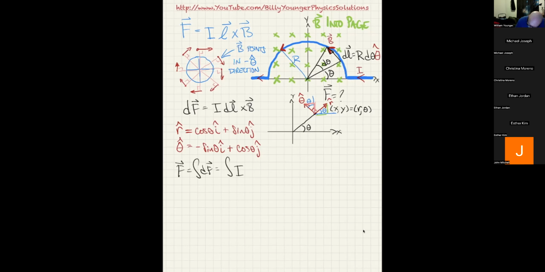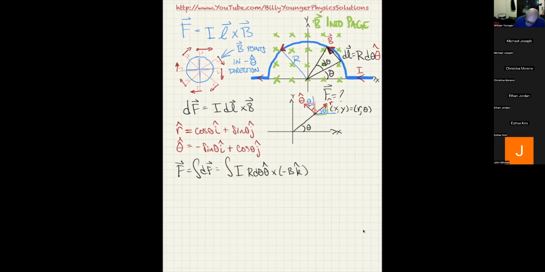So it's I times R d theta, theta hat, crossed with, and if you look at this, you'd say a right-handed coordinate system would have a k hat pointing out of the screen. The z-axis has to point out of the screen. So the B is actually in the negative k hat direction. So I'd say negative B, which is just a constant, k hat.